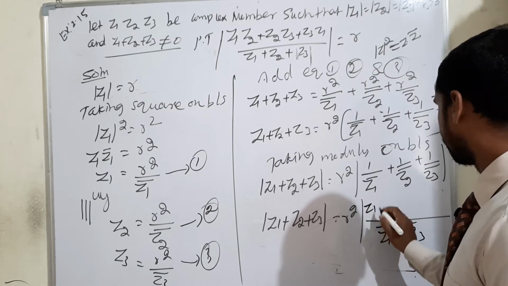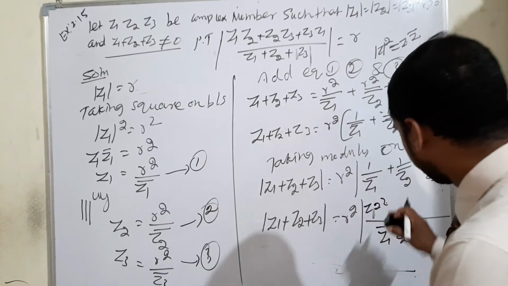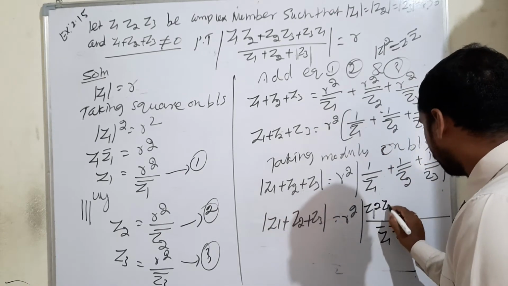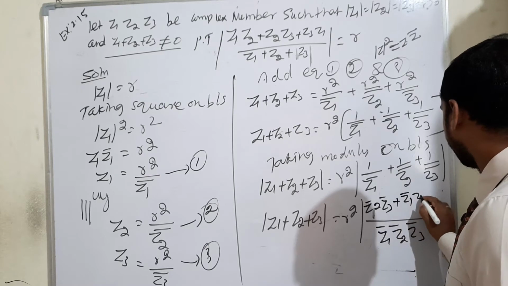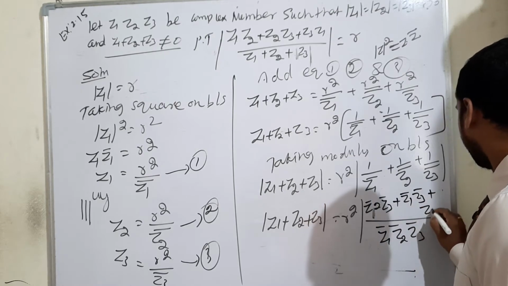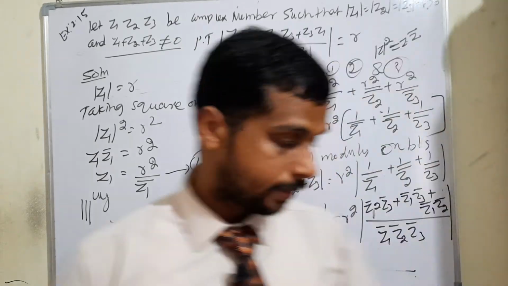The first term is Z2 bar Z3 bar, isn't it? Second one Z1 bar Z3 bar. Next one Z1 bar Z2 bar. Close modulus.